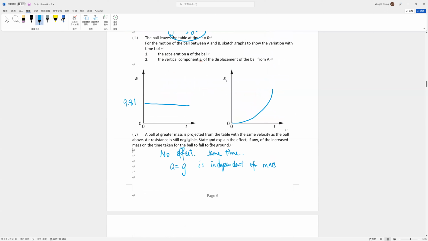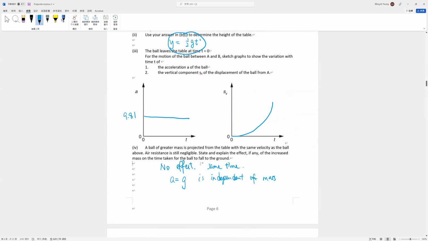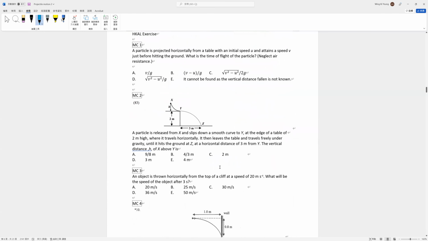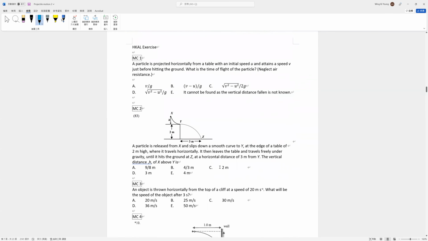So that's why there's no effect. They will fall to the ground at the same time. Done.